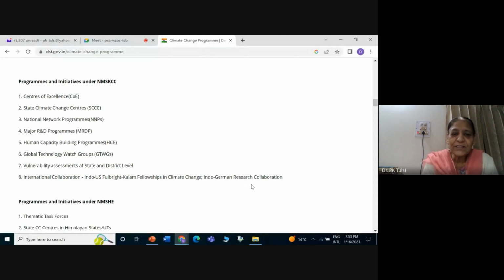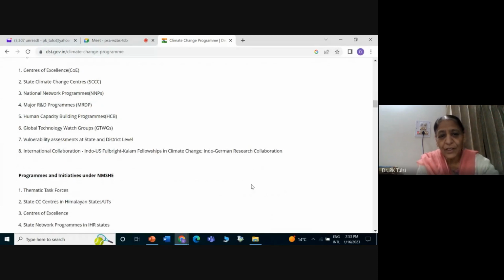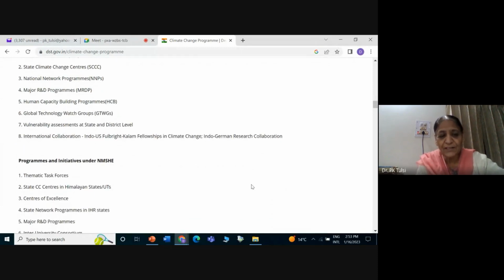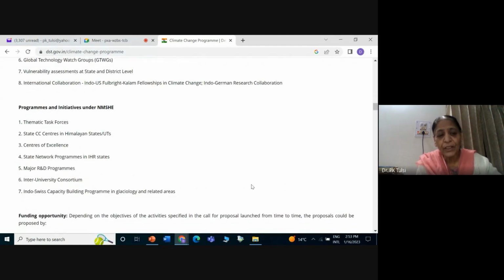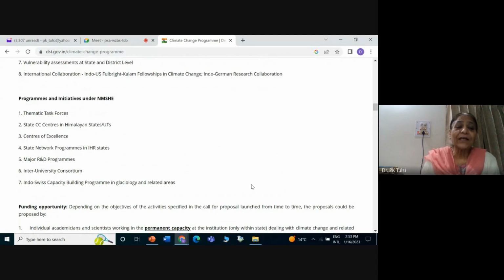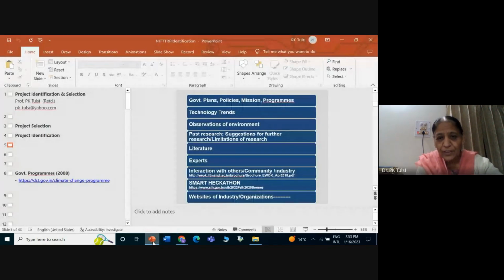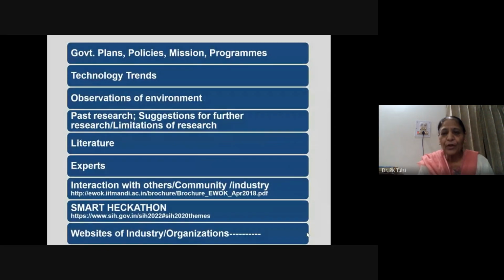Now, all these programs which are announced form the basis for having an idea about the project. We need not start afresh, but we can always bank upon the rationale, the objectives specified, and the programs which are specified. Accordingly, one can select a project. Now, this is the very first thing which formed the basis for having an idea about the project.